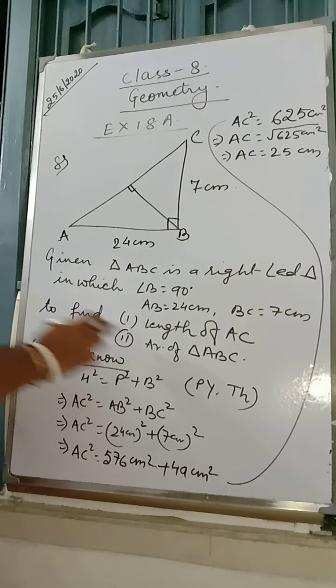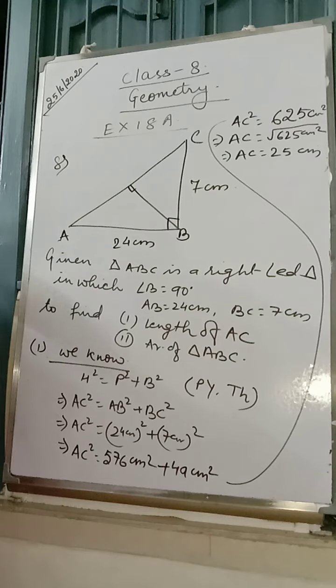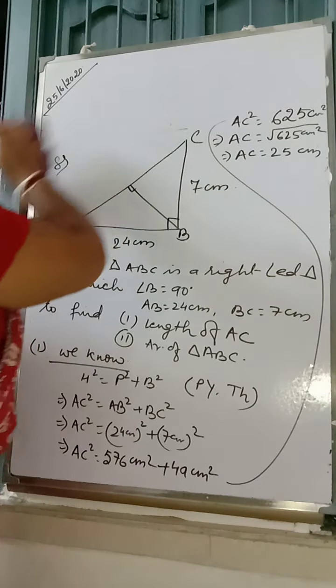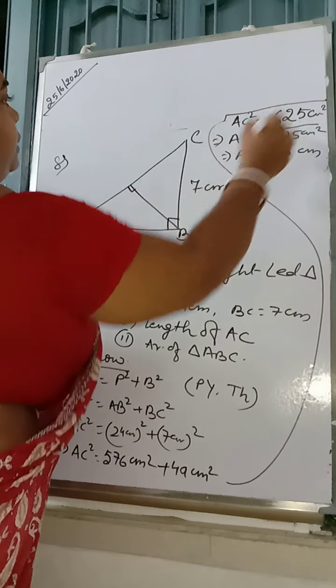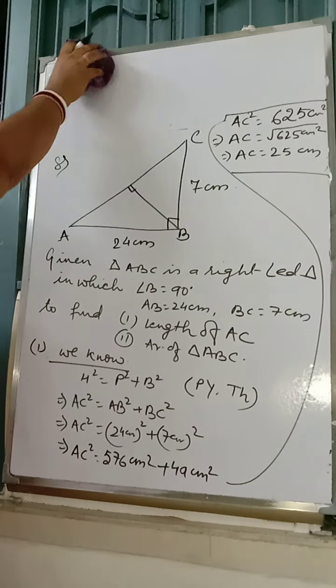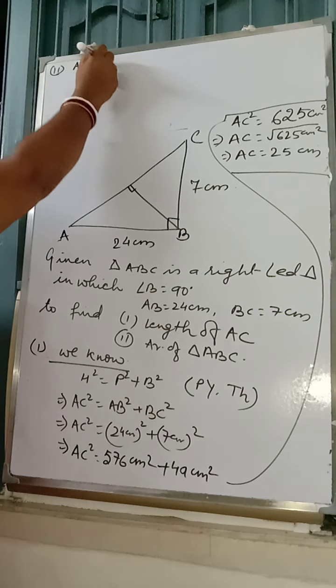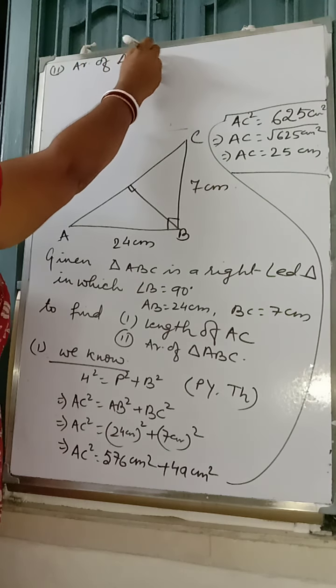Now second we have to find area of triangle ABC. This is number 1. Number 2, area of triangle ABC.